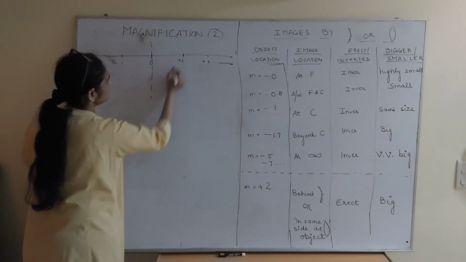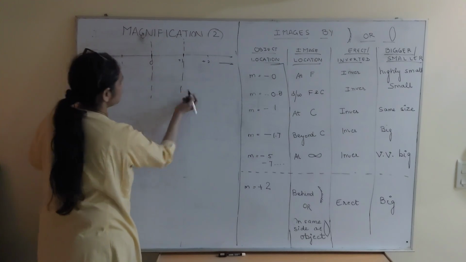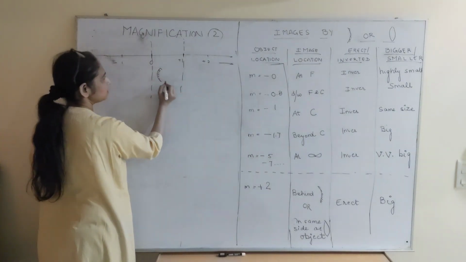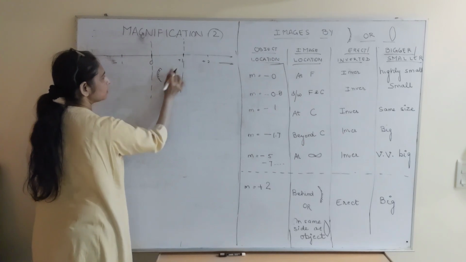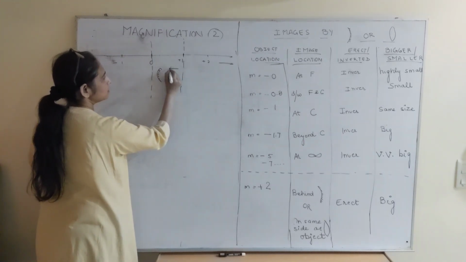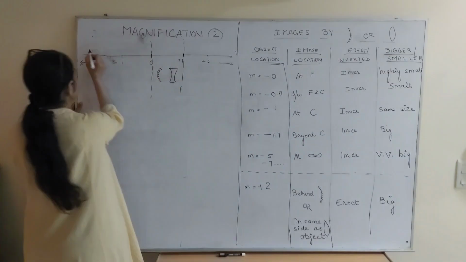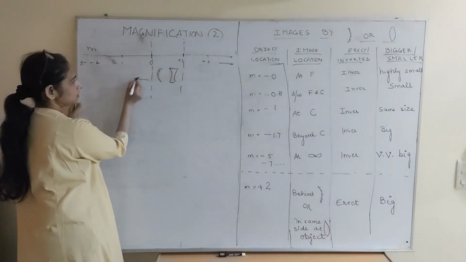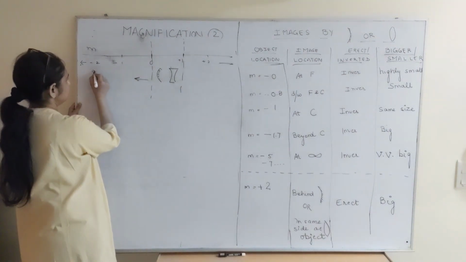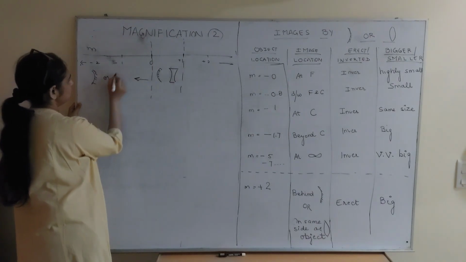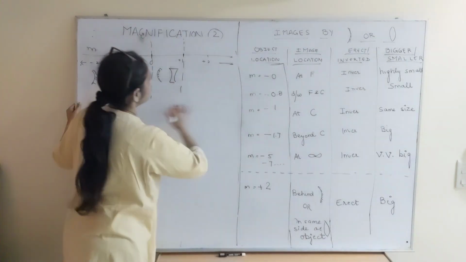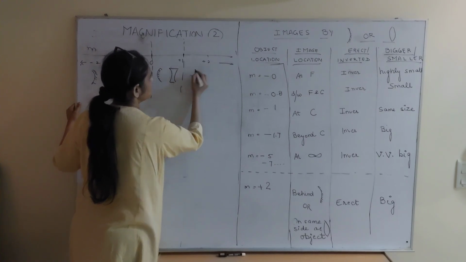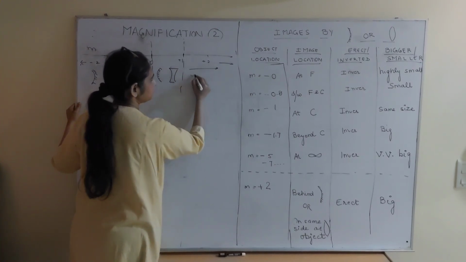This is the region where we said the device has to be either this or this. This is the number line for magnification. In this section, we said the device is this or this. Similarly, even in this section, the device is in this section.